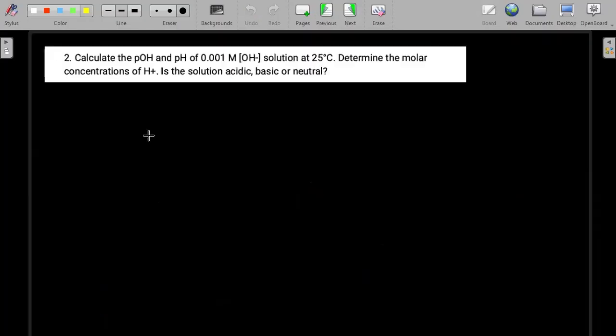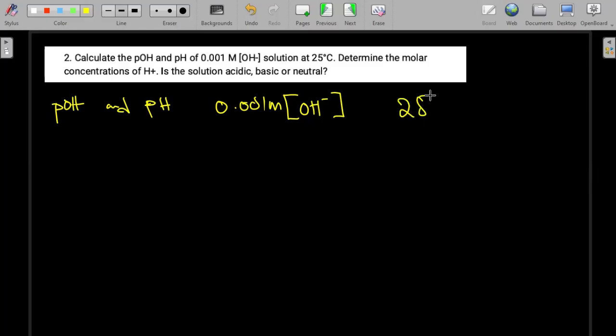We go to question 2. They're saying calculate the pOH and the pH of 0.001 molar OH minus solution at 25 degrees Celsius. How are we going to calculate the pOH and the pH?